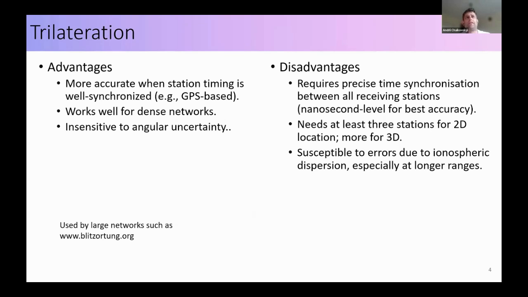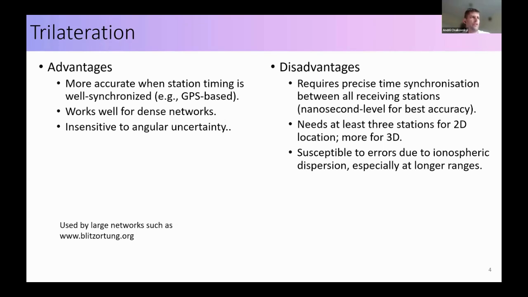Nevertheless, it requires precise time synchronization between all receiving stations. It is a nanosecond level for best accuracy. It needs at least 3 stations for 2-dimensional location and even more for 3-dimensional location, and is susceptible to errors due to ionospheric dispersions, especially if we are talking about long range location.